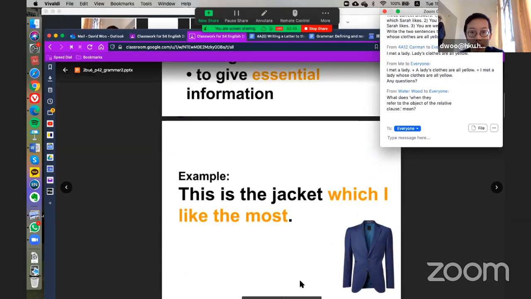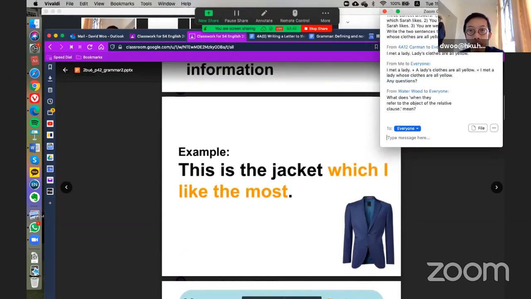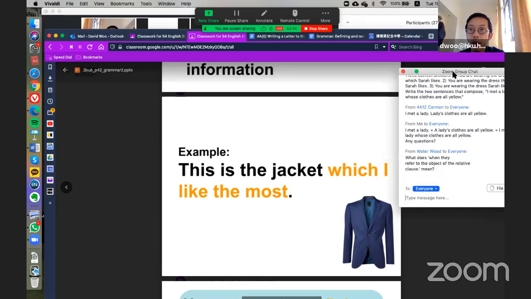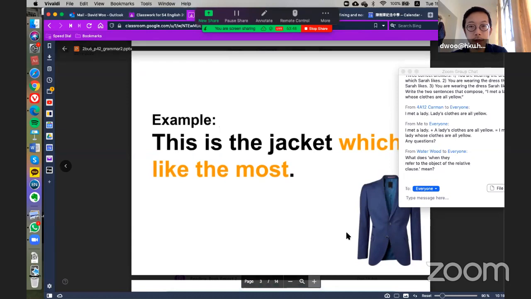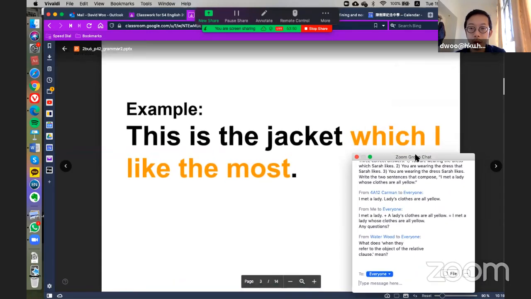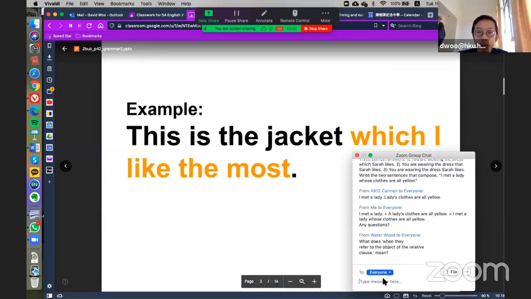Okay. You want a deeper understanding, we're going to finish with this. So, there are two clauses in this sentence.